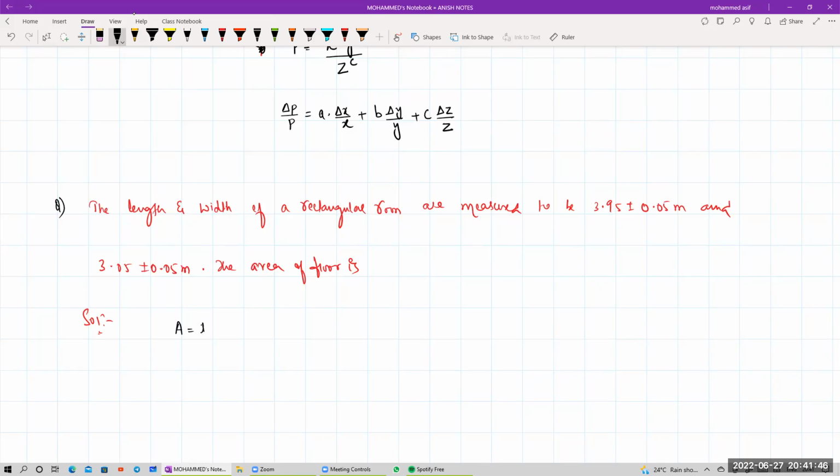Length is given, breadth is also given. That is 3.95 into 3.05. This is breadth and this is length. 3.95 into 3.05.